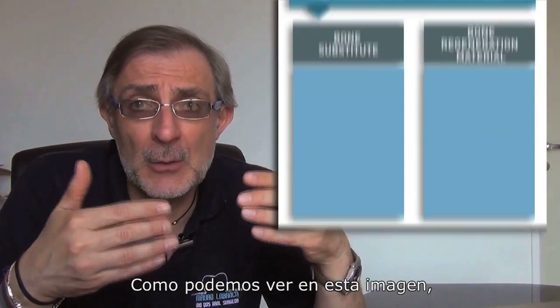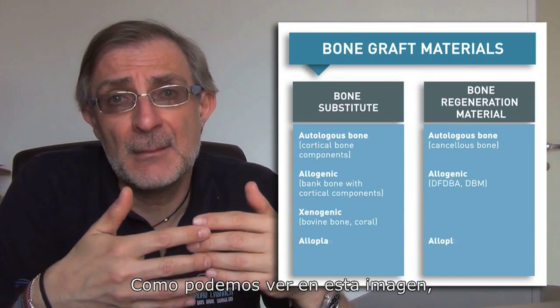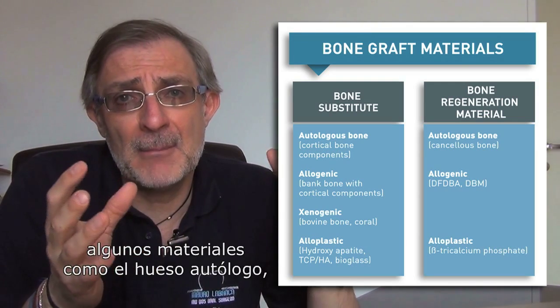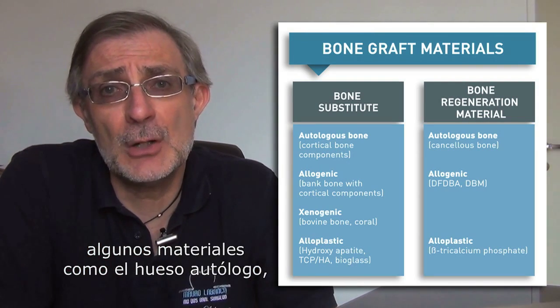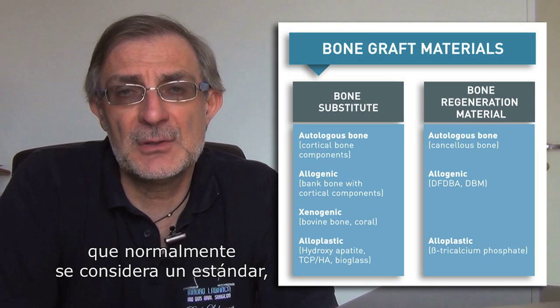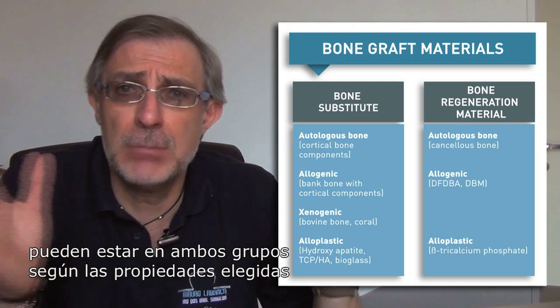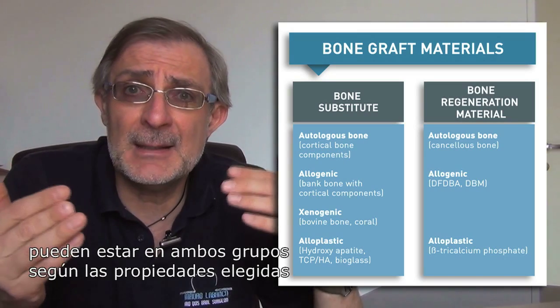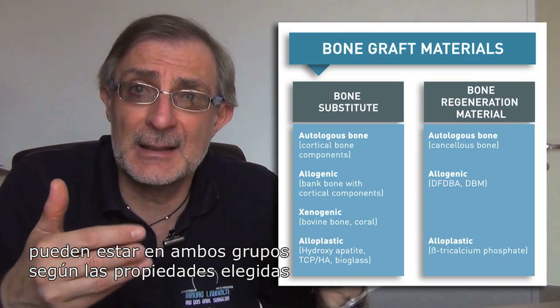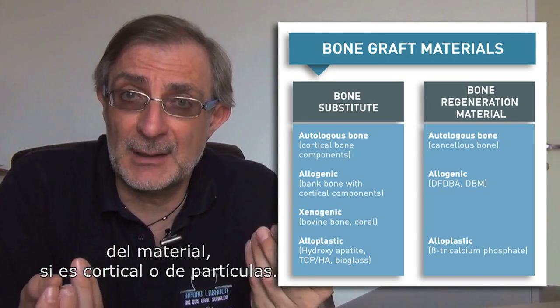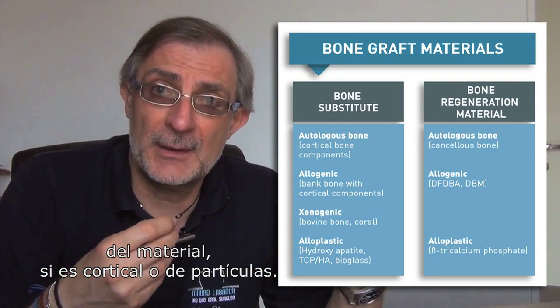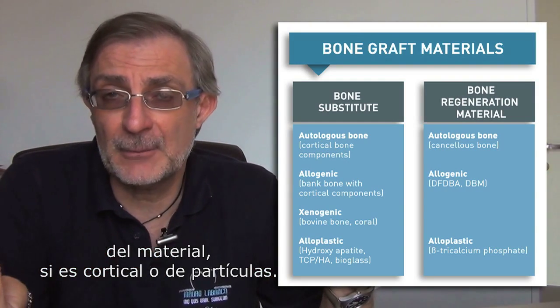And as we can see in this picture, some material like the autogenous bone, that is usually considered as a gold standard, can belong to both sides depending on the selected properties of the material, if cortical or particle.